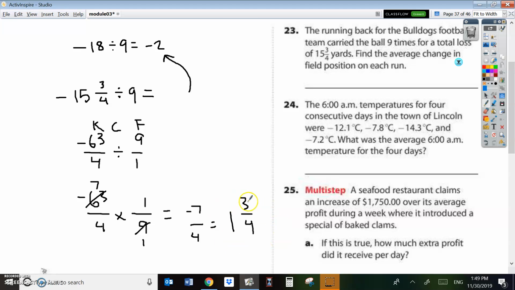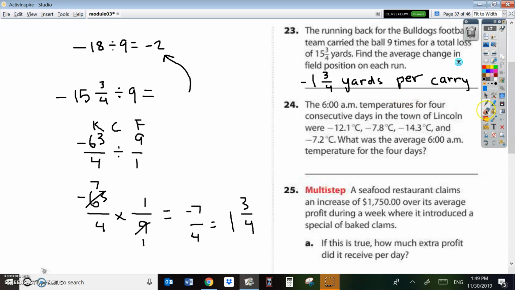So he's lost 1 3/4 yards per carry on average. Yards per carry. Time to get a new running back.